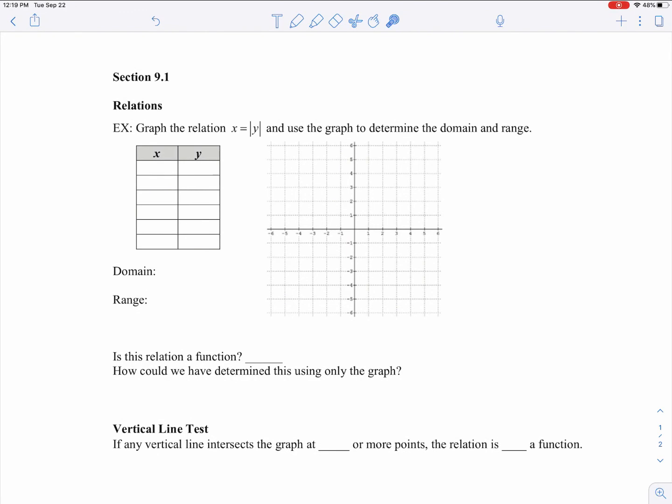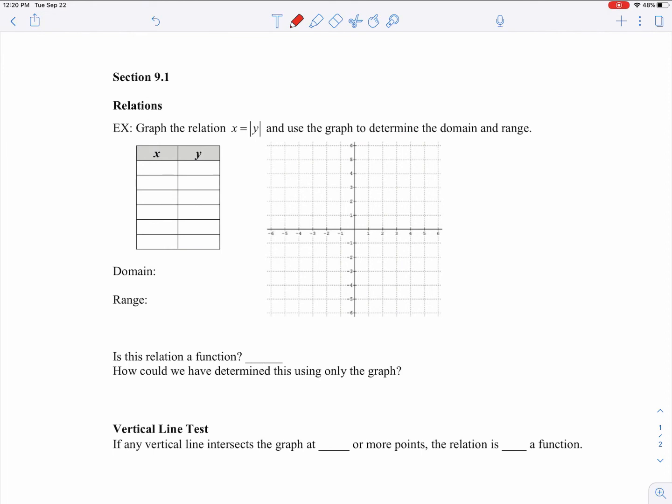For section 9.1, introduction to functions, we're talking about relations, and it says graph the relation x equals the absolute value of y, and use the graph to determine the domain and the range. Well, what we can do is plug in a bunch of values of x or a bunch of values of y.